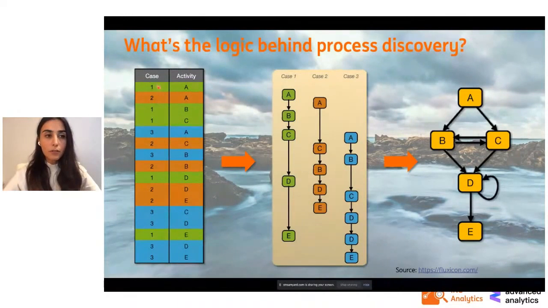So you have a customer, which is your case one, and in this picture is depicted as a green row here. So this customer or case one is doing activity A and then B, C, D, and E per time. And if you want to do the same analysis, it can be depicted as A, B, C, D, and E, and so on and so forth with case two and case three.